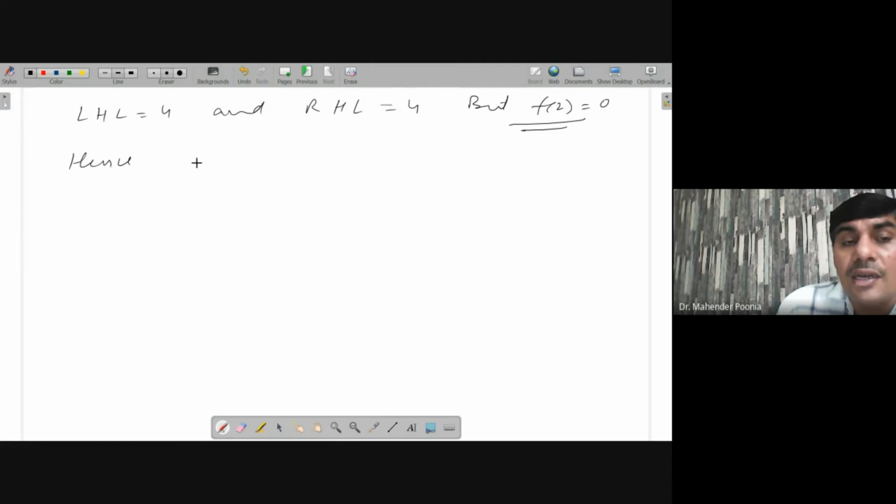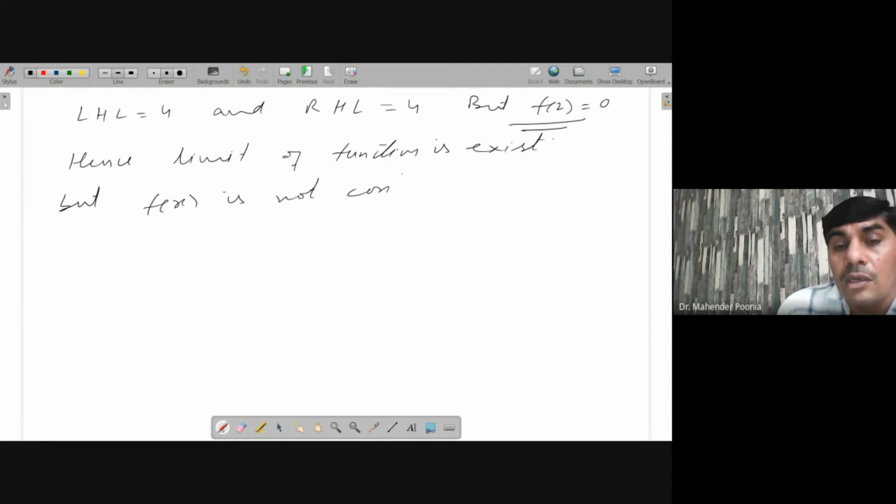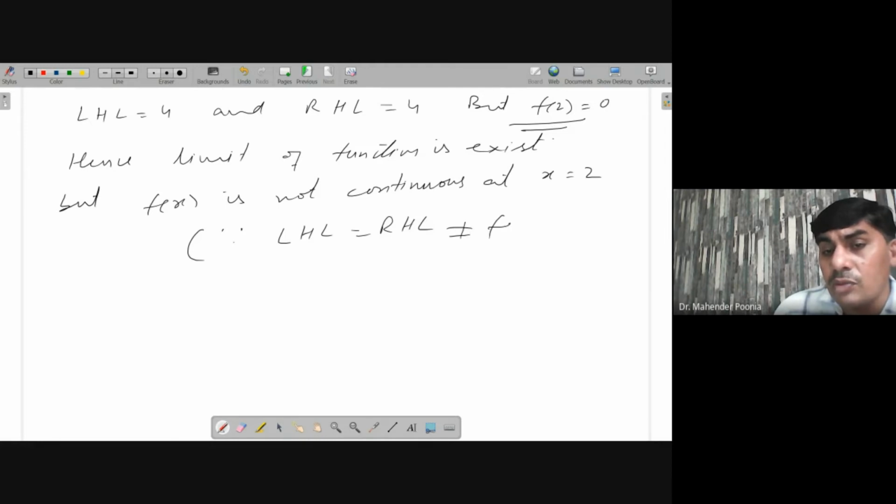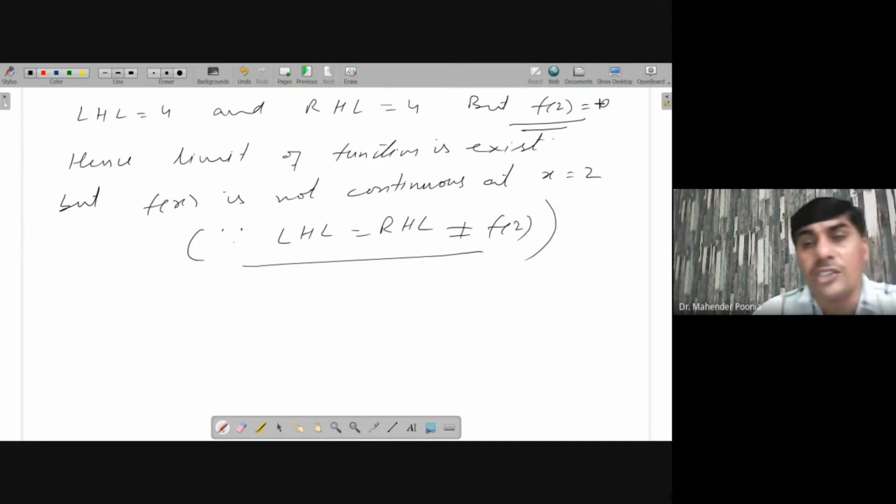Hence, limit of function exists, but function f(x) is not continuous at x equal to 2, because left hand limit is equal to right hand limit but does not equal f of 2. Clear? So due to this, function is not a continuous function.